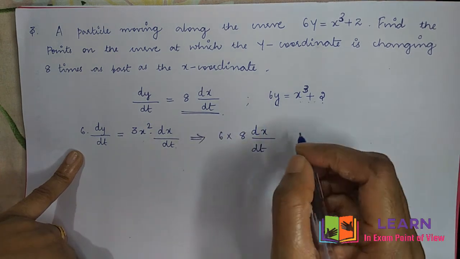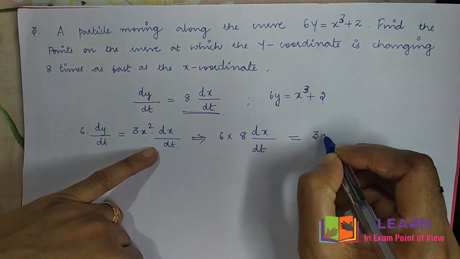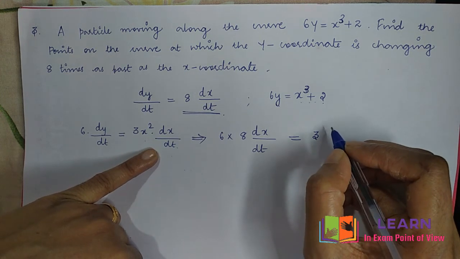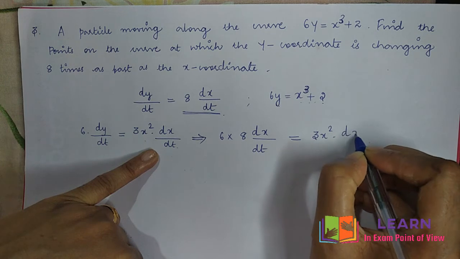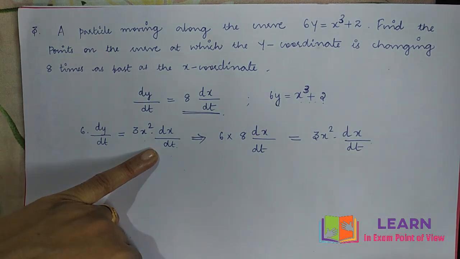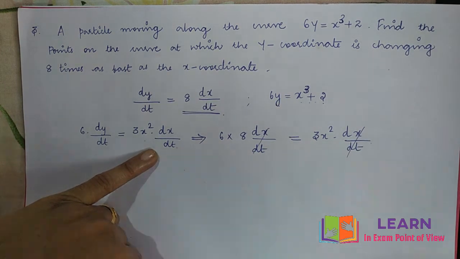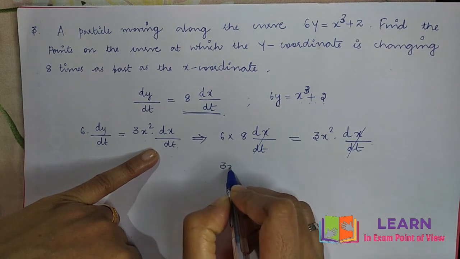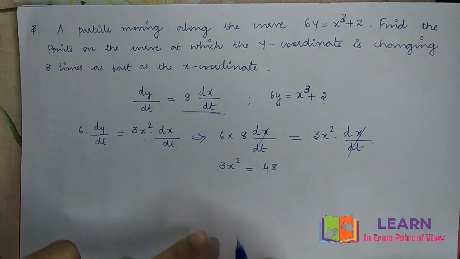This is equal to 3x square into dx by dt, everything now in terms of dx by dt. So here dx by dt will get cancelled. You will get 3x square equals 6 into 8, that is 48.